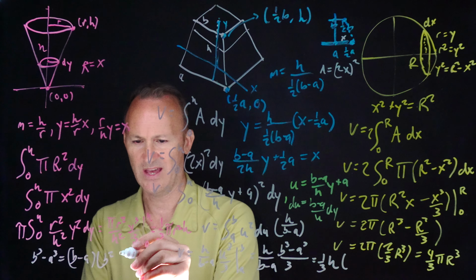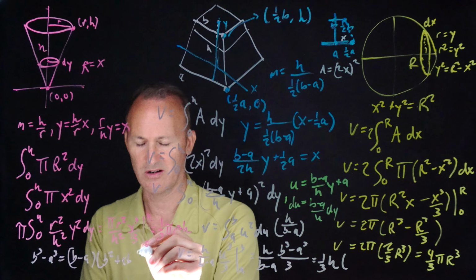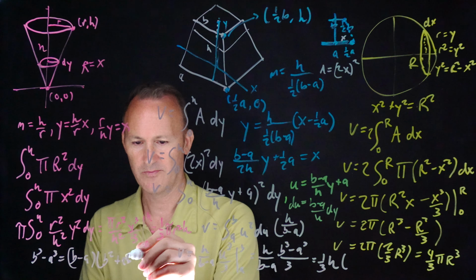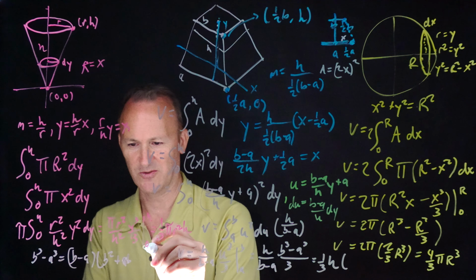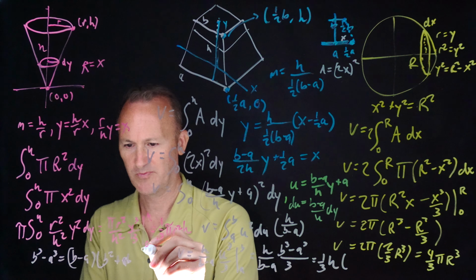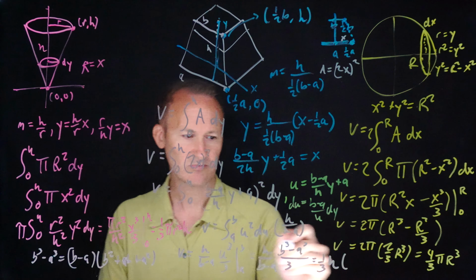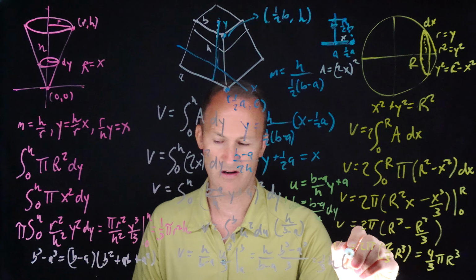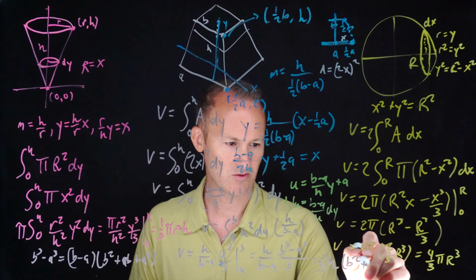The only way you can cancel that out is if you get a plus ab squared, which you have here, and then the plus ab, and then the final term needs to be a plus a squared to get your last term. And so you end up with b squared plus ab plus a squared.